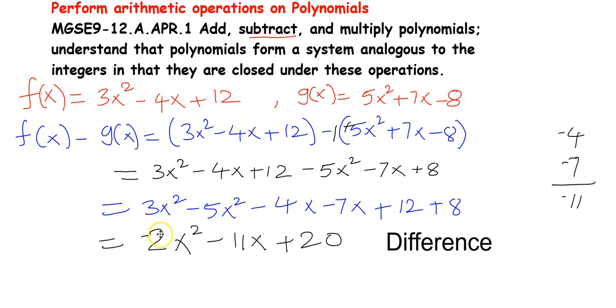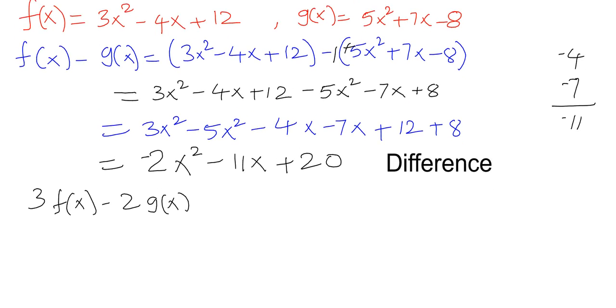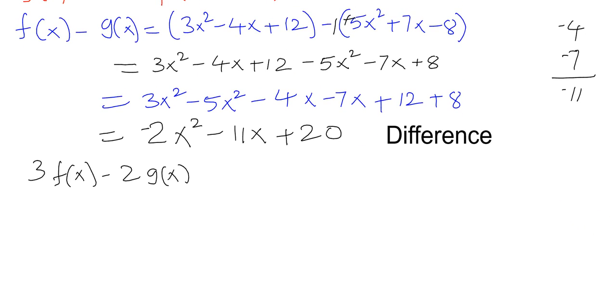And sometimes you may be asked to find what is 3 times f of x, 3 f of x minus 2 times g of x. In this case also, I'll just follow the same process. I need 3 times f of x.